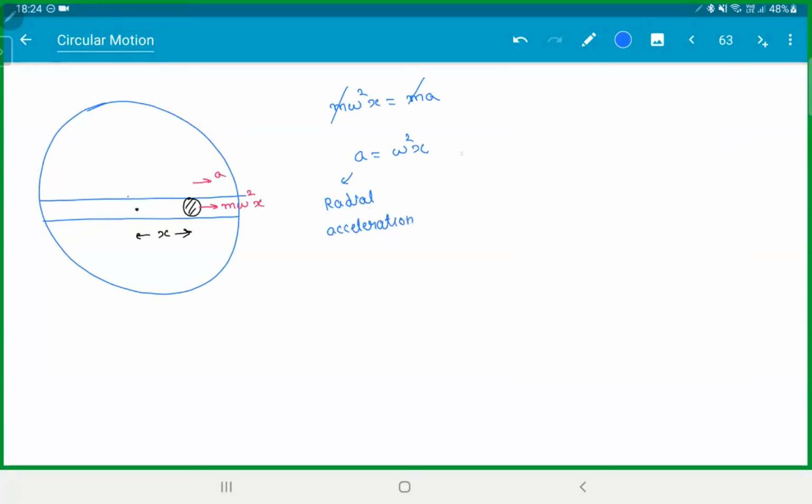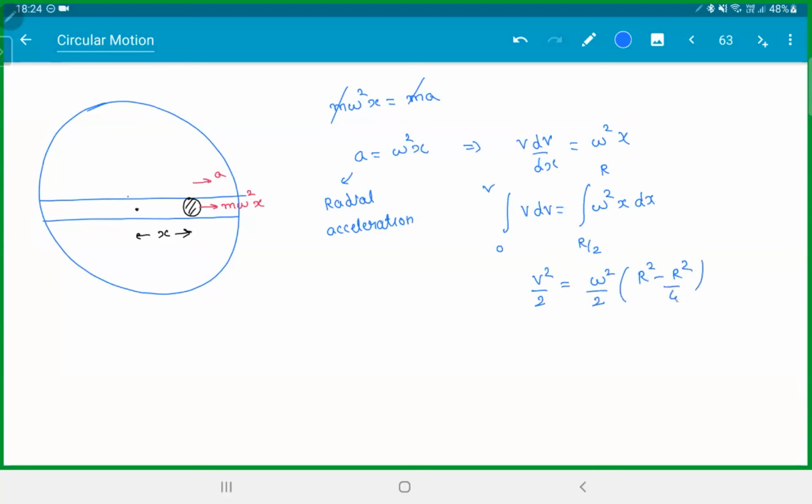So when I integrate this, I end up with v dv by dx is equal to omega square x. Omega square x dx integral. This will be from 0 to v, and this will be from r by 2 to r. V square by 2 is omega square by 2 times r square minus r square by 4.